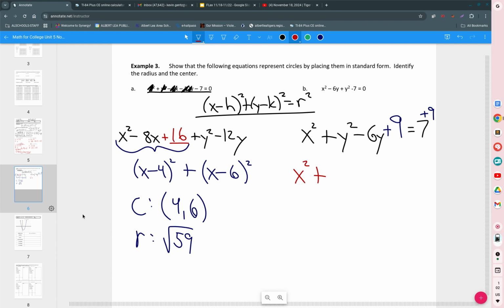And y squared minus 6y plus 9 factors to y minus 3 times y minus 3, or in other words, y minus 3 quantity squared. And the 7 and the 9 make 16. So therefore, my center is going to be 0, 3, and my radius is going to be 4.